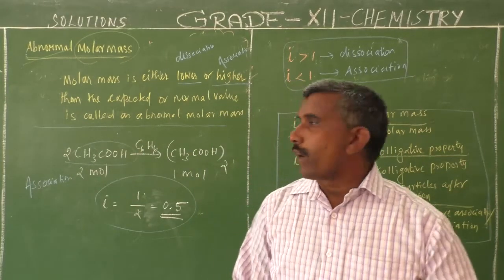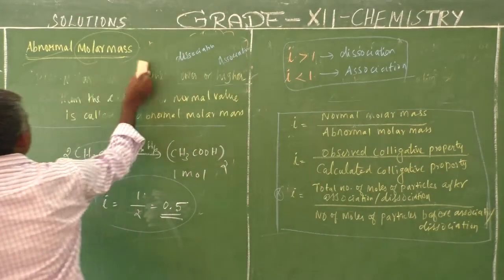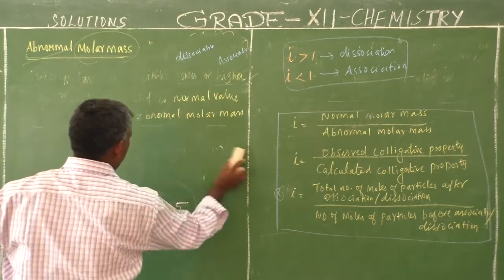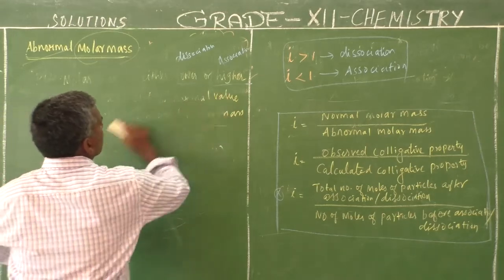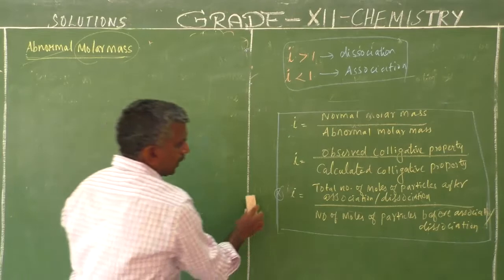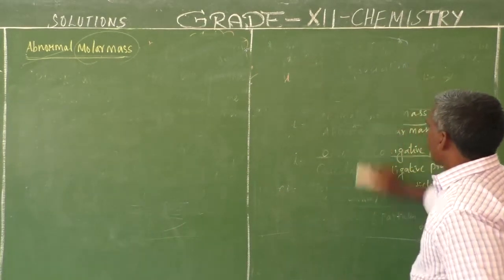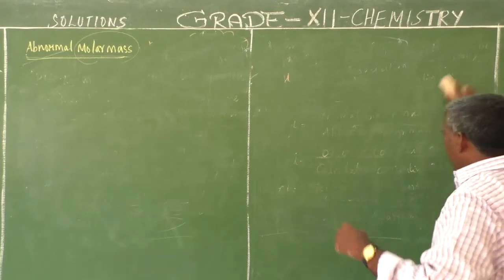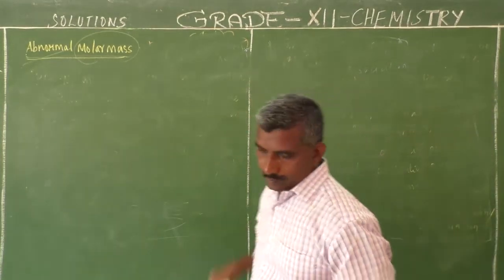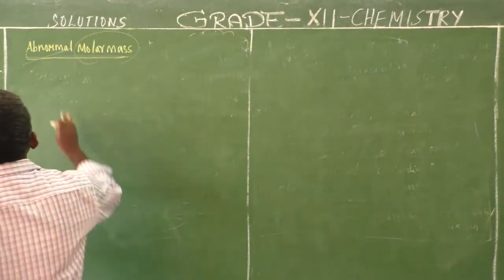Then you find the colligative property using the abnormal molar mass. Some changes come in the previous topic, colligative property, due to abnormal molar mass. Now we will discuss the colligative properties for abnormal molar mass.